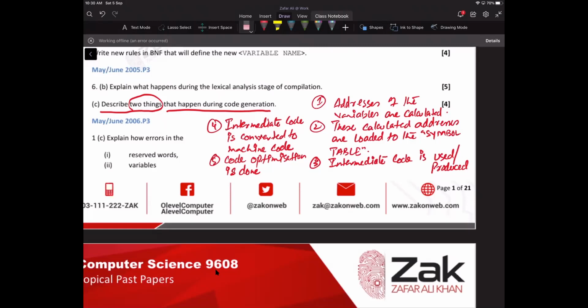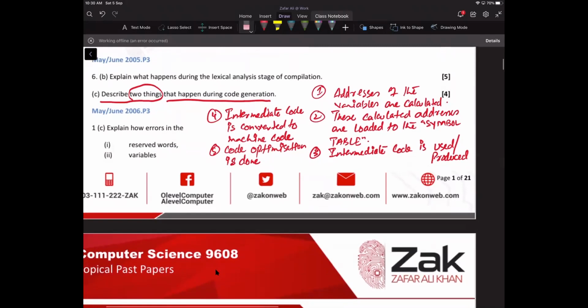Then we have variables. A variable name must follow the rules of the language. You remember the variable naming convention. Those naming conventions are checked at the lexical analysis stage. Translators or compilers try the rules against the names and report any error.